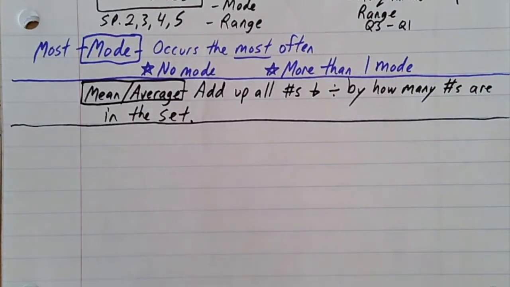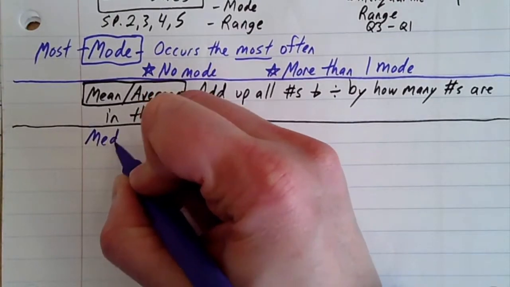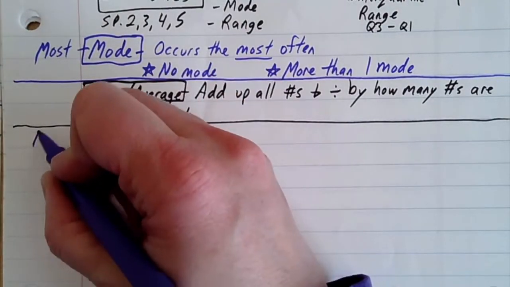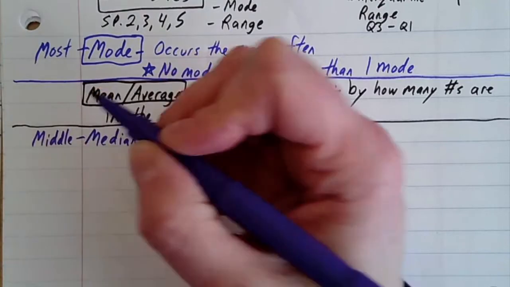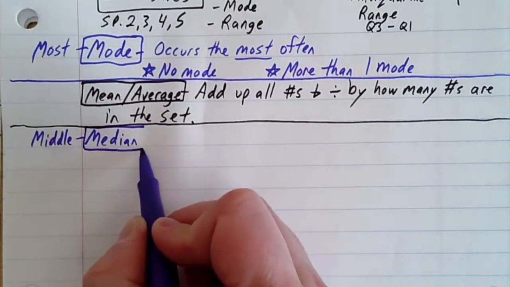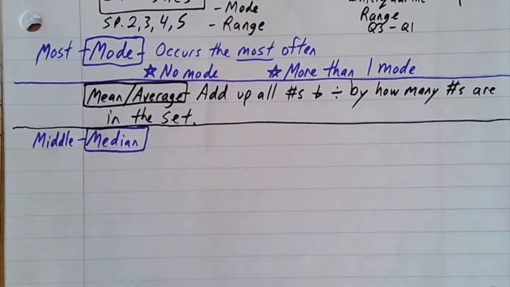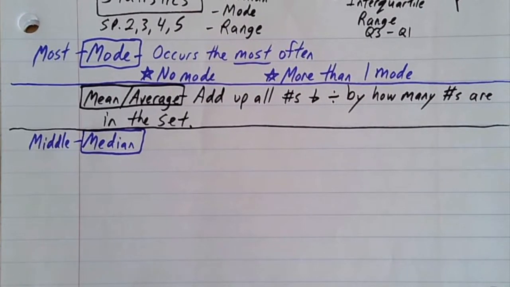The next one we're going to talk about is median. Median is the middle number, but your numbers have to be in order from least to greatest first before you find the middle number. You can't just circle the middle number.